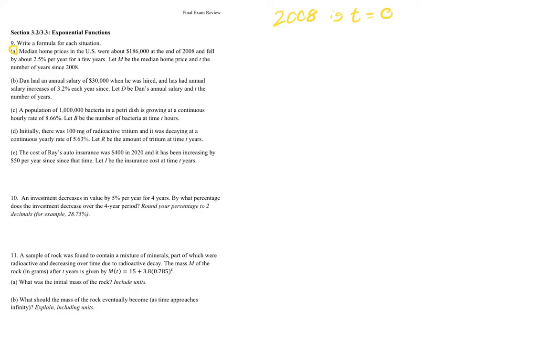One thing we want to do is use our equation, M is equal to our initial value times 1 minus our rate, to the power of t. So we're going to plug in our values here. Our initial value is 186,000, and then 1 minus our rate, which is 2.5% per year.